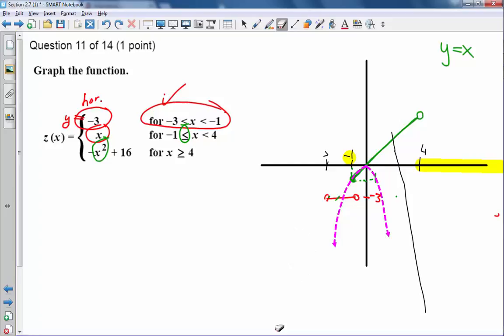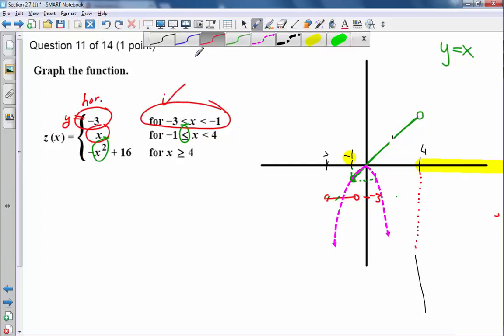I need the part more than 4. Go down at 4 and hit the curve. There you go, I hit it. So clean anything previously done and only take the part after this red line. So it's pretty much nothing much. I'm out of space, but I think you have the idea, right?